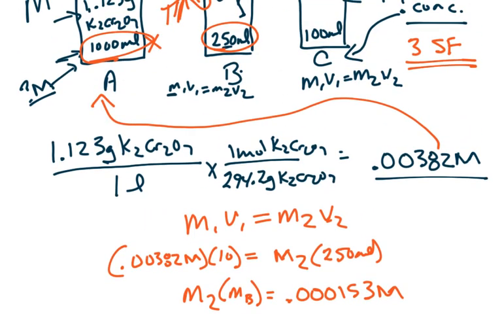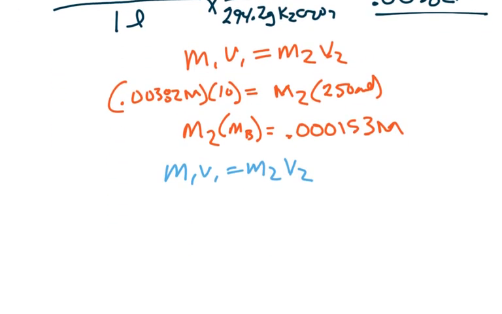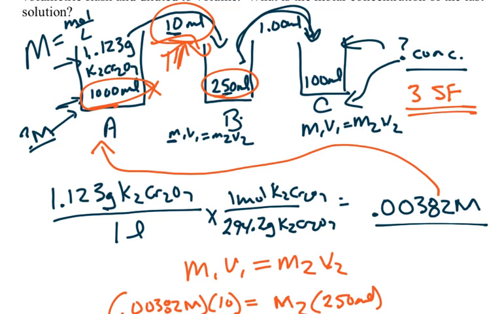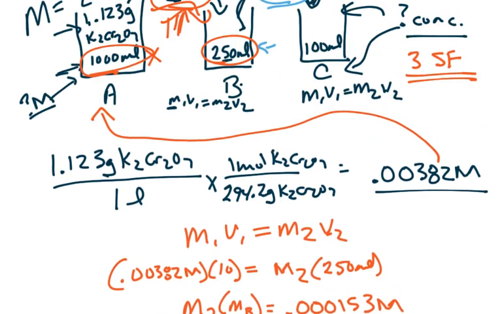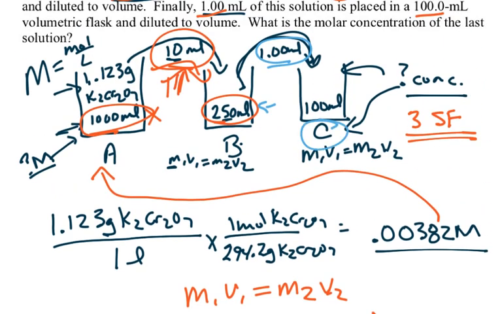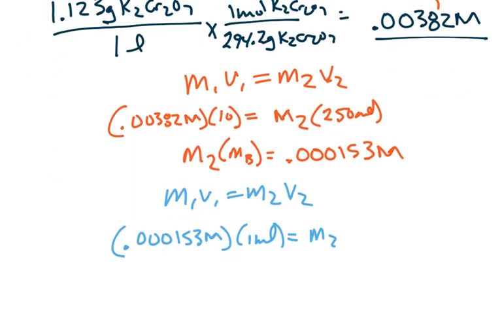Now we want the molarity of this solution, and then its volume is 1 mL. So we have our molarity is 0.000153 molar. We take 1 mL of that equals M2, which is the molarity of this stuff, and we have 100 mLs total.